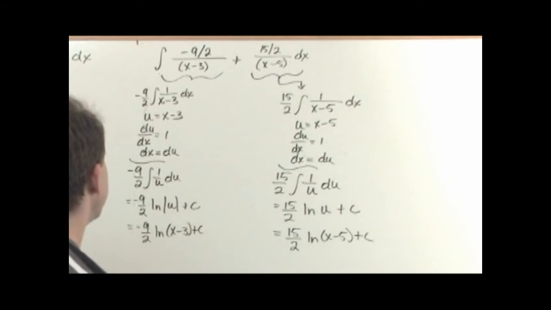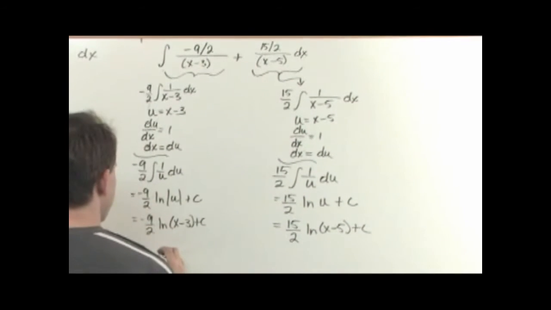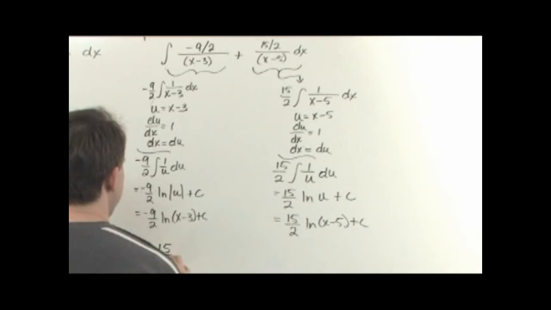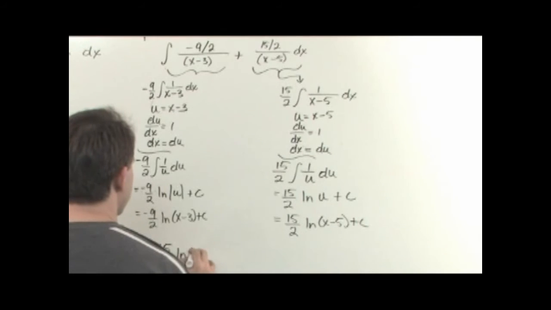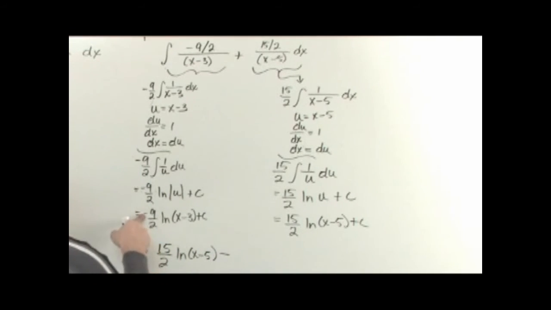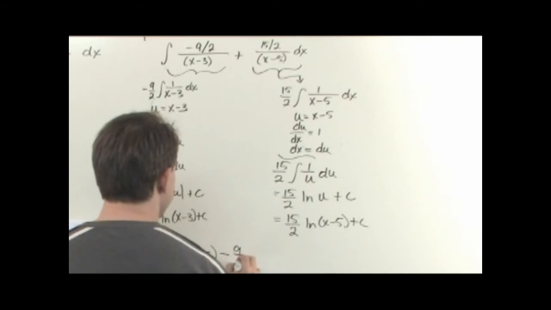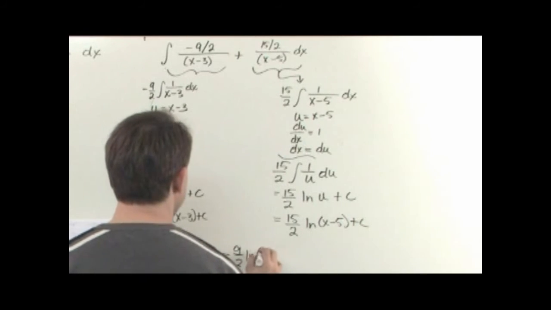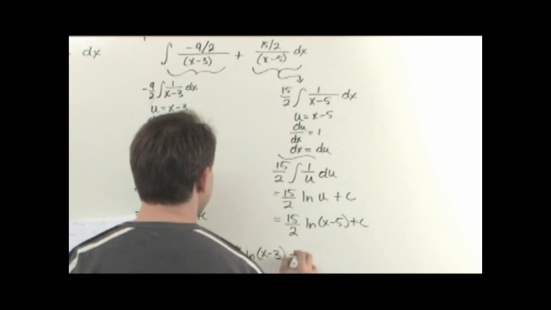So what we've done here is we found the first integral and we found the second integral, and the final answer is going to have them added together. So what we're going to have is 15 halves times the natural log of x minus 5, minus, because this is a minus here, 9 halves times the natural log of x minus 3, plus a constant.